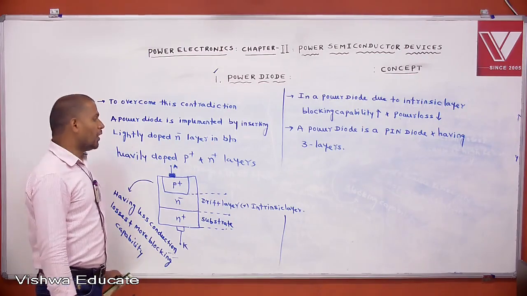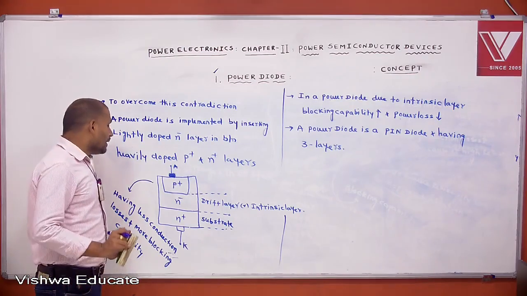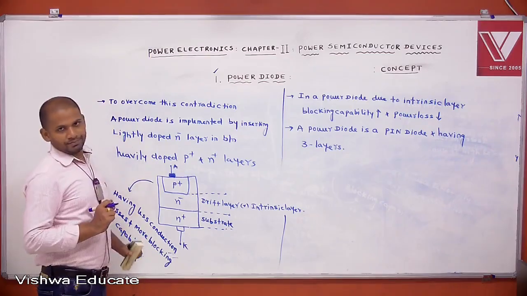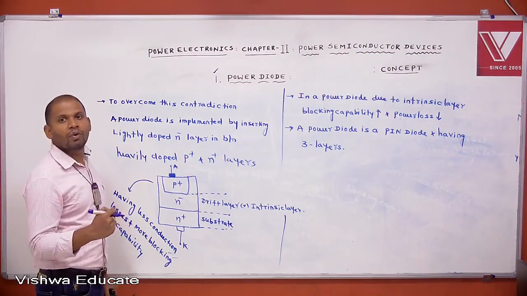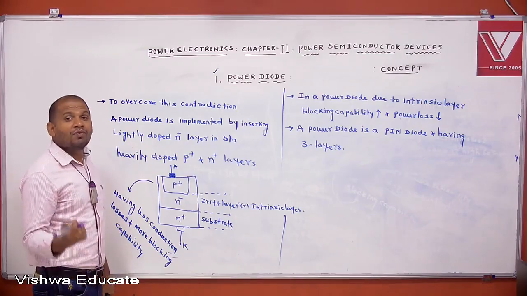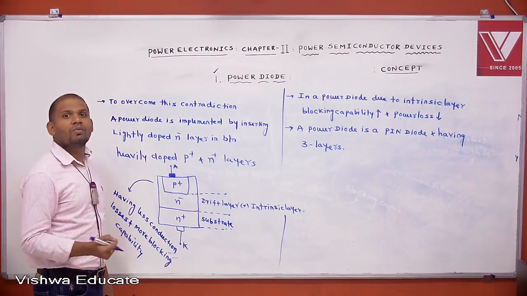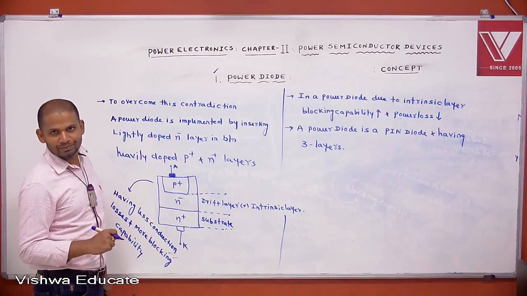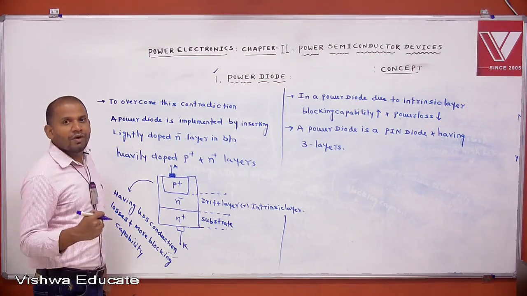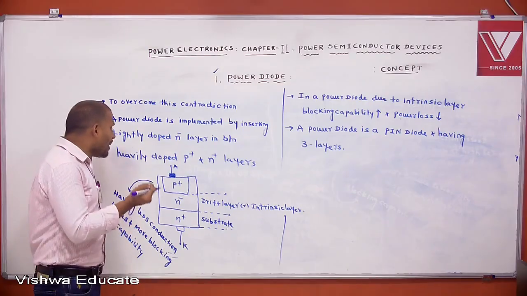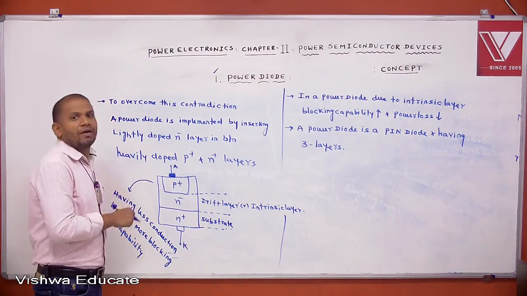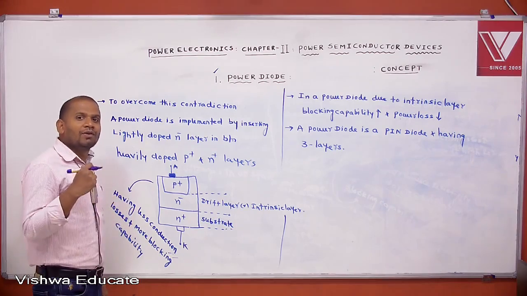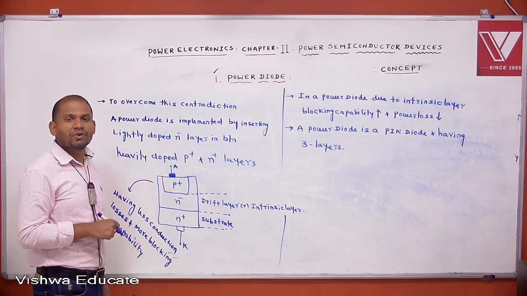Understood? Now, for this power diode, if the reverse voltage is applied, what happens? If the forward bias is applied, what happens? That you will see. For example, if the forward bias is applied to the power diode, and if the reverse bias is applied, what happens?